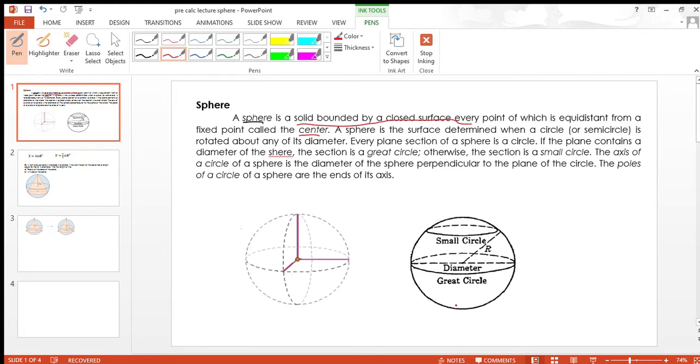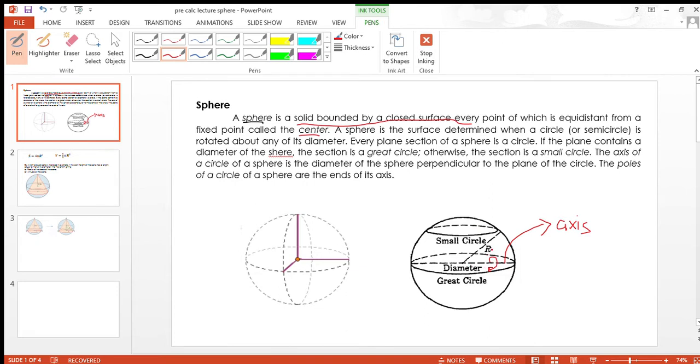If you draw a circle, then draw the diameter of the circle, and make the diameter an axis of rotation, if you now rotate this, you form your sphere.